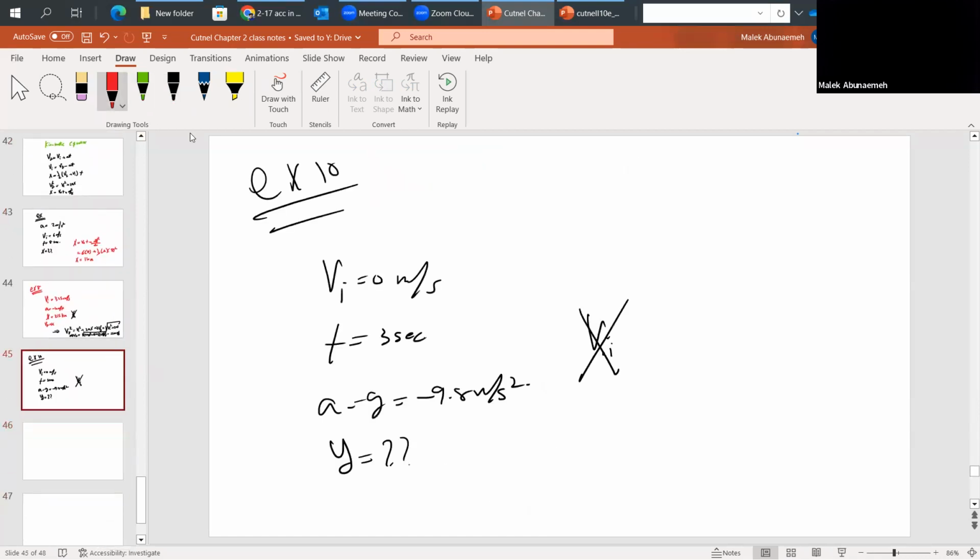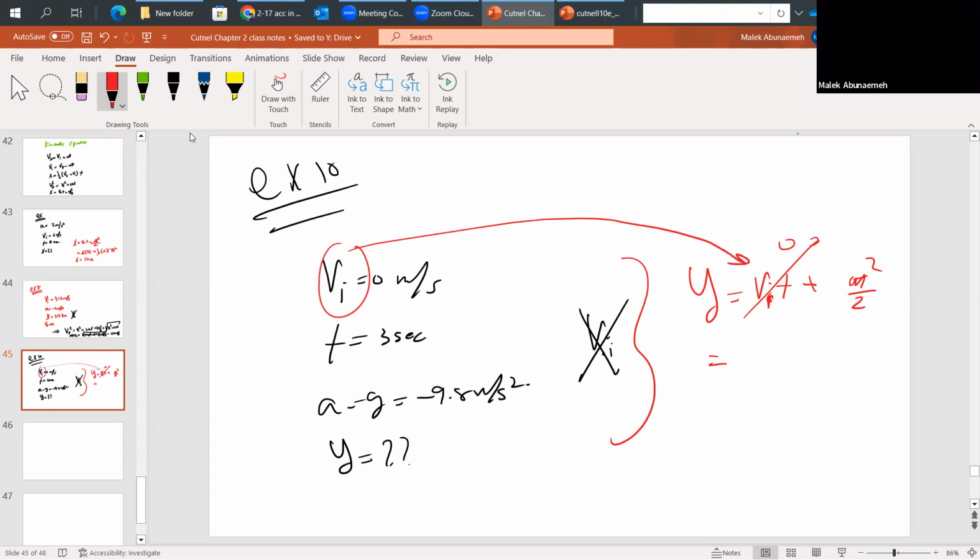So your y is going to be v i t plus a t squared over 2, and the v i t term is going to go to 0. So your y is going to equal g t squared over 2.